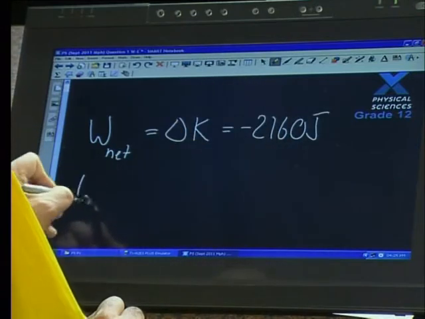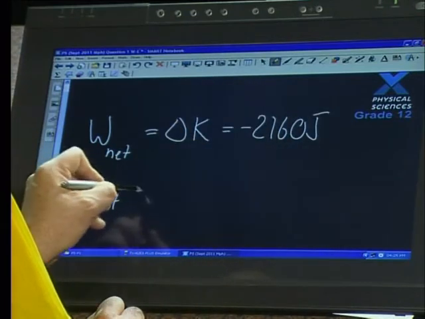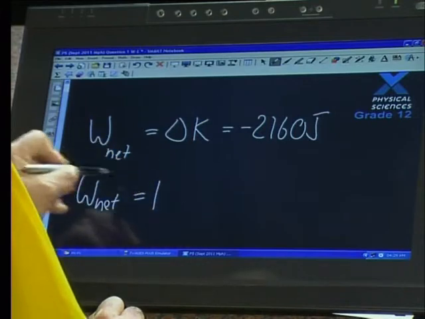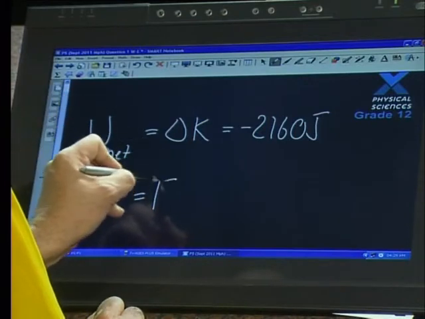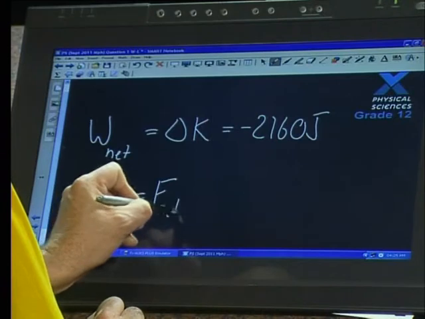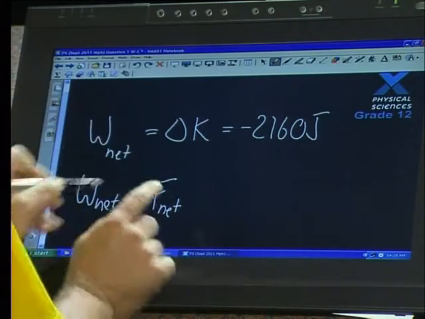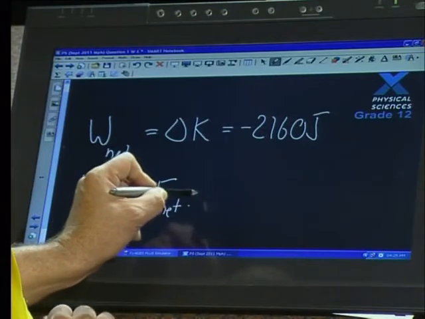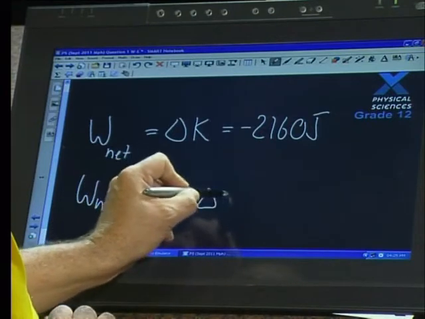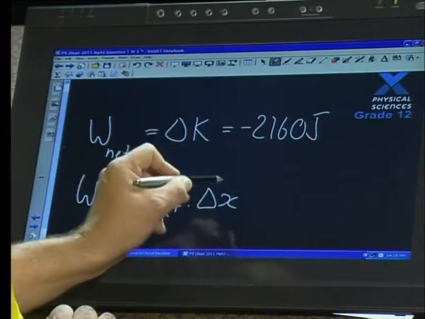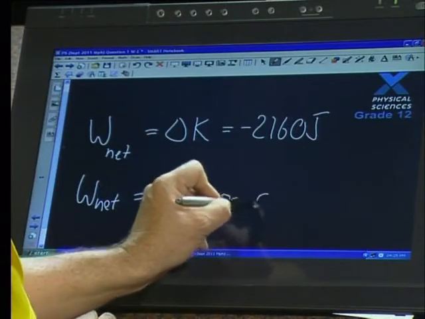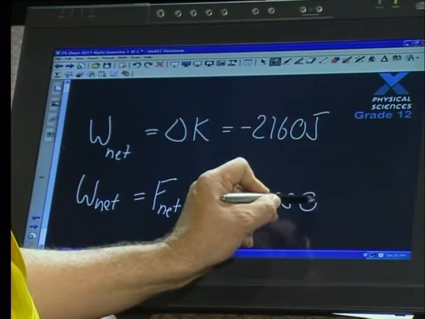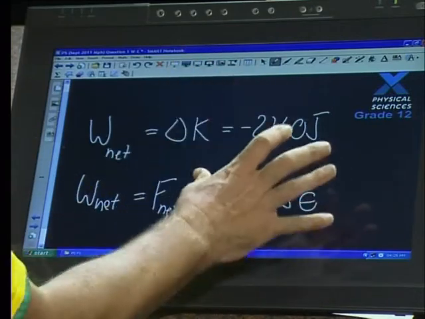But we also know that W net is equal to F net, which is the resultant force. That's why I was dealing with free body diagrams just now, because we're going to need to calculate the F net, times delta x, which is the distance, which is the thing we want to find, times the thing that everyone battles with, cos theta.